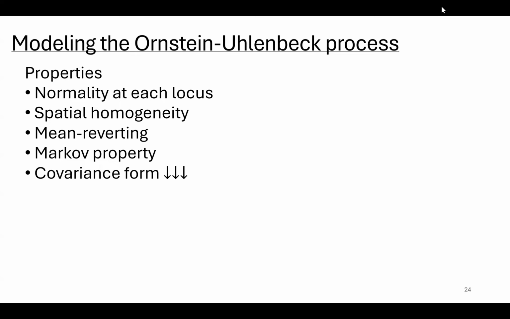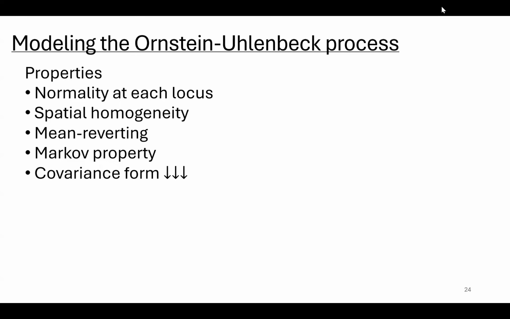Mean reverting means that if this process starts to drift away from that mean, we expect it to eventually come back. The Markov property is that if you have a lot of observations back in the past, and for your current observation, you're conditioning on them, you actually only depend on the most recent observation.